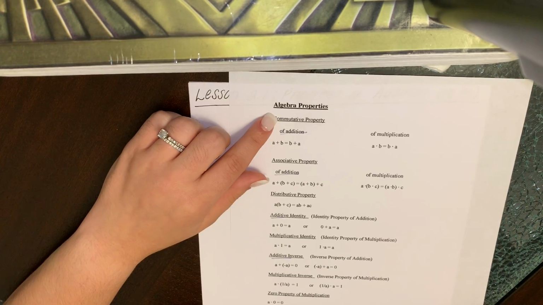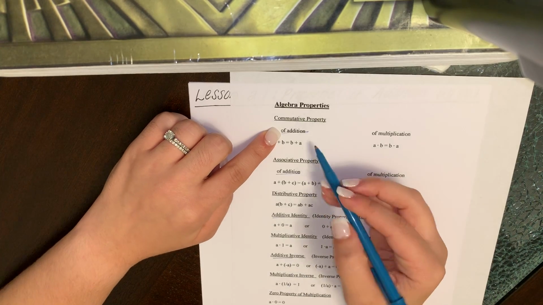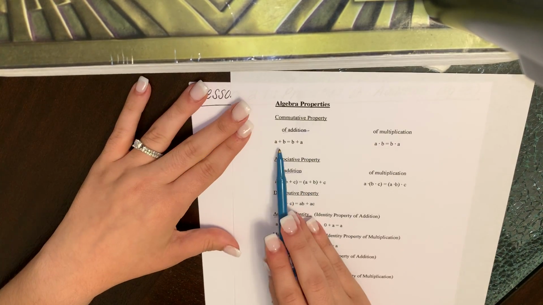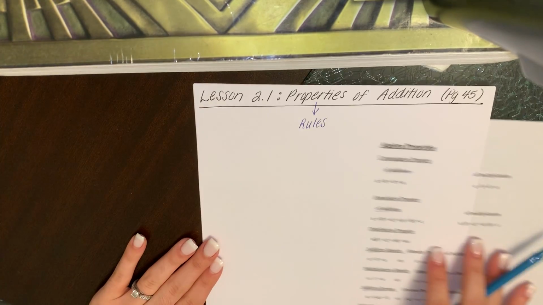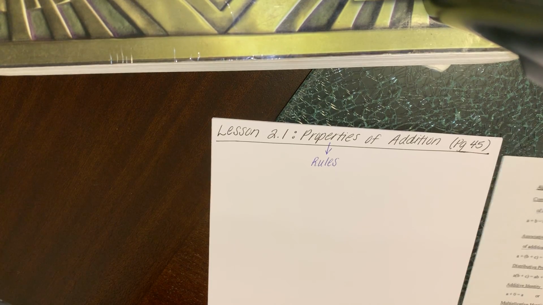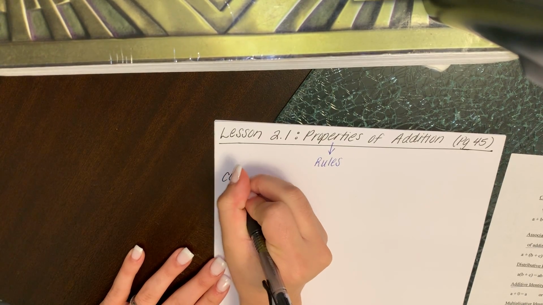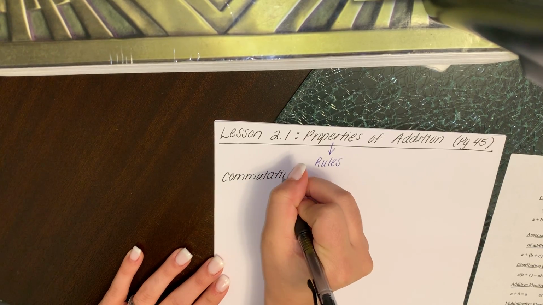Now the first one is called commutative property. The commutative property of addition looks like this, where we have a plus b is the same thing as b plus a. So in short, here's a quick way to summarize the commutative property. Basically, when you're adding numbers, it doesn't matter the order of the numbers.